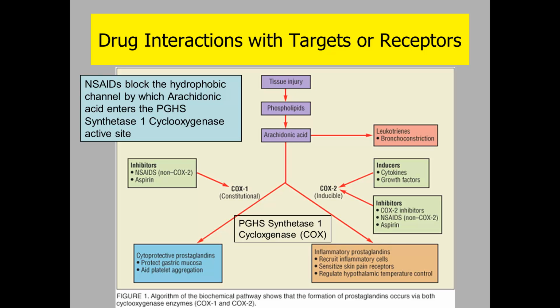So inhibiting these inflammatory prostaglandins is going to be beneficial if you are having swelling and a fever because you've got influenza. It's going to relieve your pain, in other words. So this is a benefit. You would prefer to have the COX-2 process inhibited rather than the non-specific effect of the COX-1.